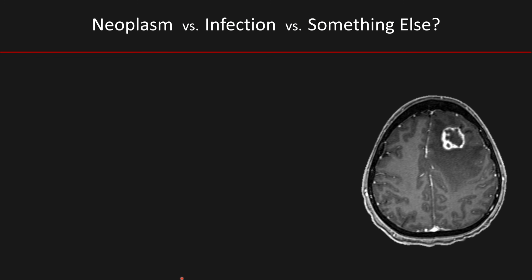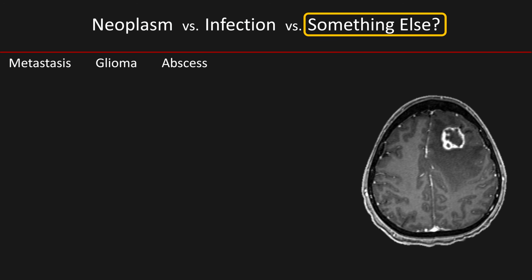So essentially, when you see a rim enhancing lesion, you have to think about, does this represent neoplasm, such as, for example, metastasis or high-grade glioma? Does this represent infection, such as abscess? Or could this be entirely something else, such as tumefactive demyelinating disease? Or if history fits, could this be radiation necrosis?